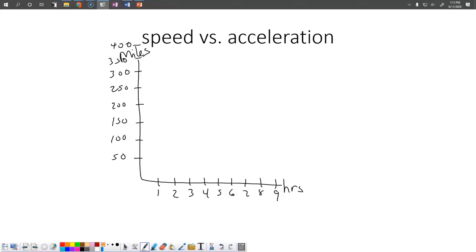Okay, so let's say at 0 time they've gone 0 miles. After 1 hour they went 50 miles. After 2 hours they went 100 miles, and so on.